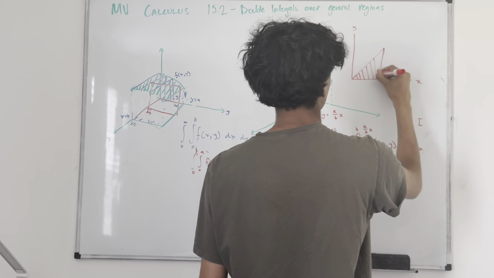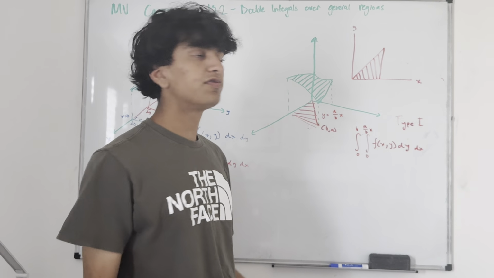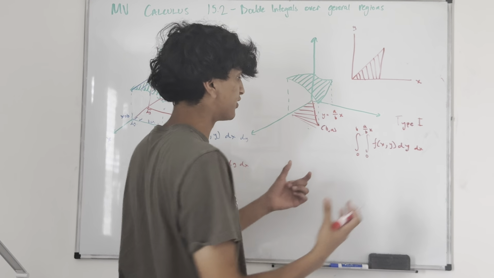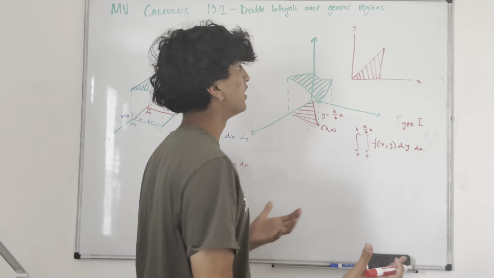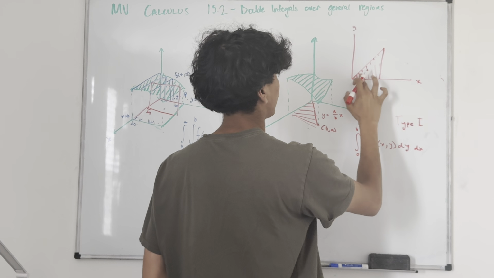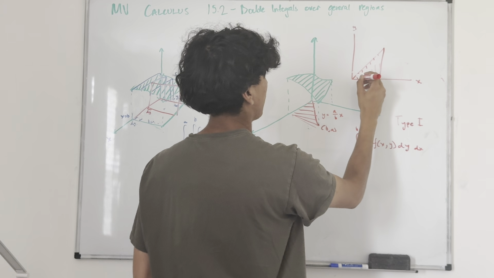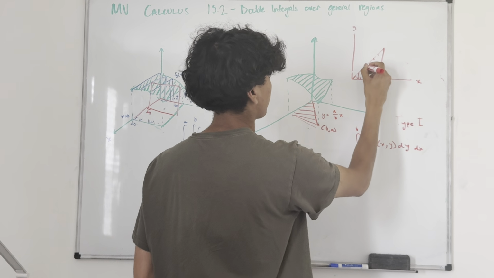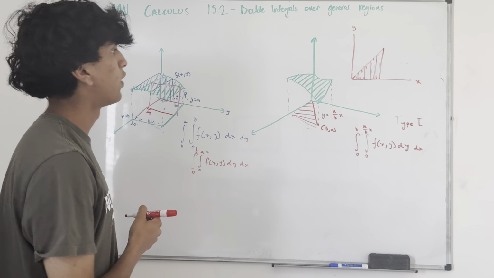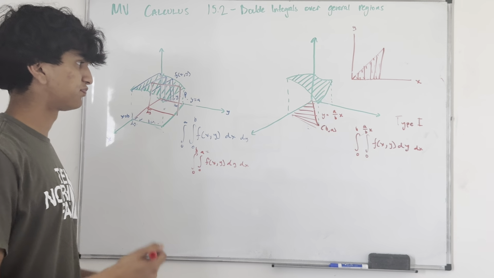First, I should say the inner integral is being integrated with respect to y. I know this because I can draw lines and see that my top curve is changing, so I'm going from top to bottom.